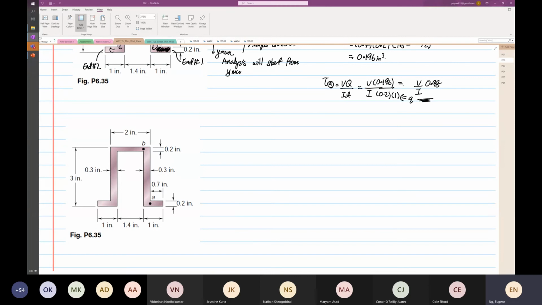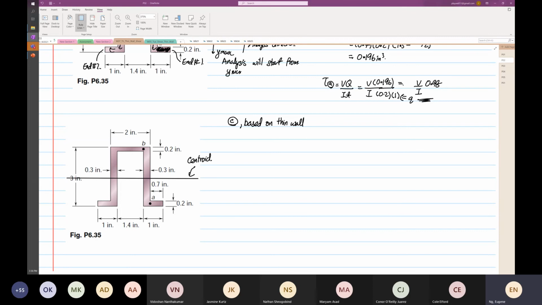So this is our centroid, and then we're going to find point C. We're going to analyze based on thin wall box beam.